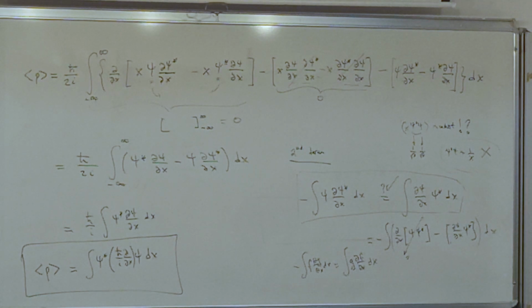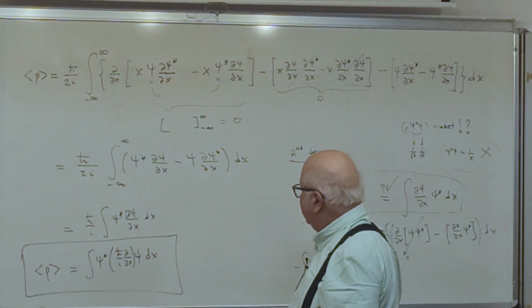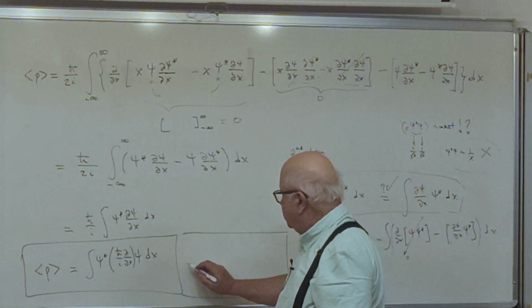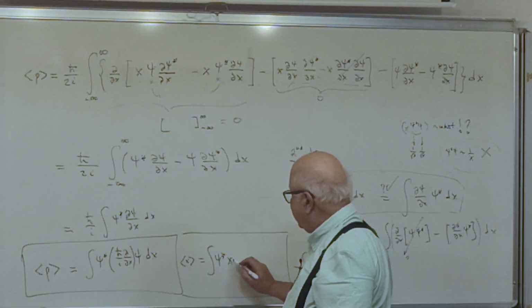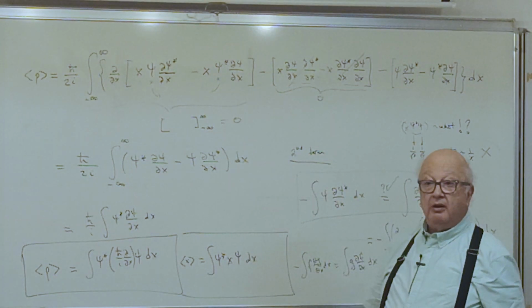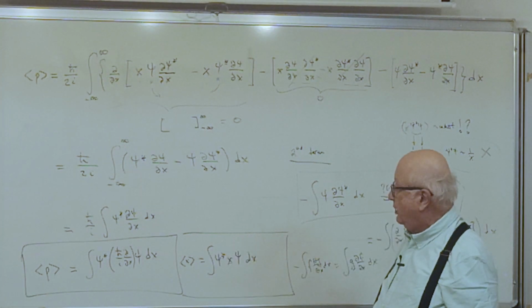Now, why did I put those terms in together? Well, just remember that when we have the average value of x, which is going to be psi star x psi dx, I put this x in the center just so that it looks like that one.